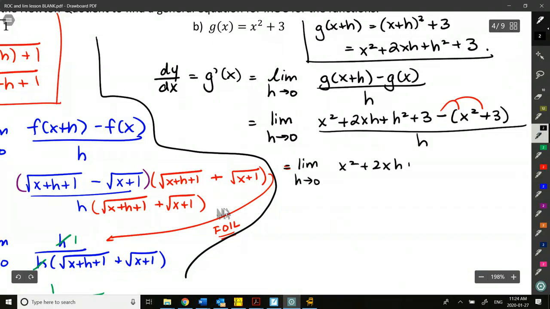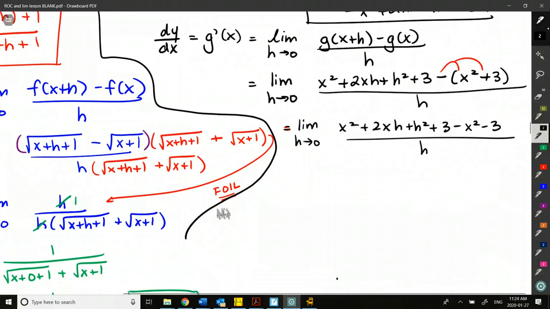Do I necessarily need you to write every single one of these steps? No. But write a few at least, just so I can follow your train of thought.